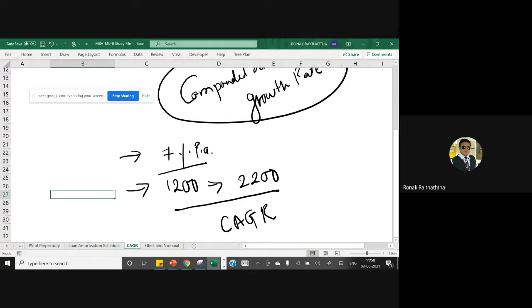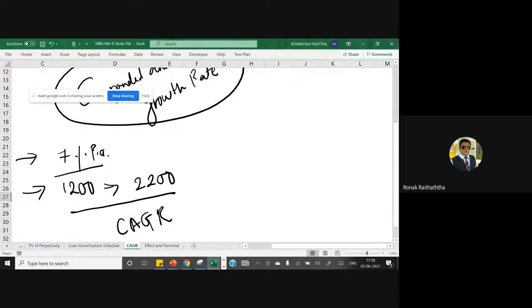My friends, there are various types of investments. One type of investment, you get a fixed interest return. Say the fixed deposit, you deposit some amount of money, you get a fixed percentage of interest on that.